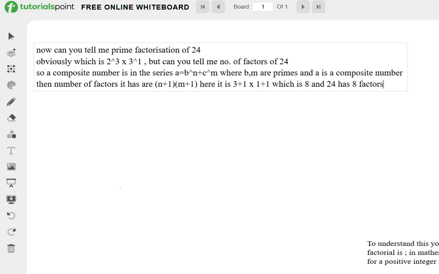There's another trick for finding the prime factors of large numbers which have 0 at their end. You can always split it in the form of 2 into 5 to the power n, because if n equals 1, it will be 10.